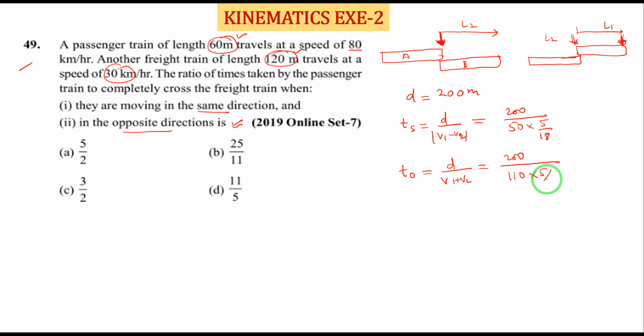We'll write it like this. So we'll have to divide this equation. So T same upon T opposite equals 200 gets cancelled. Everything is getting cancelled. We are getting like this, means 11 upon 5. D is the answer to this.